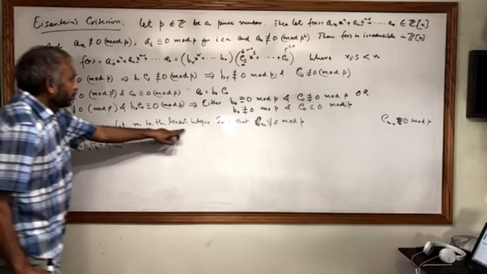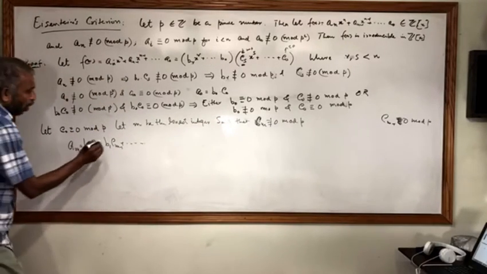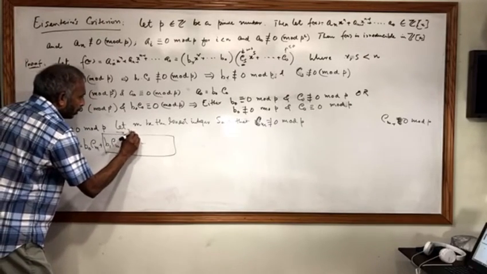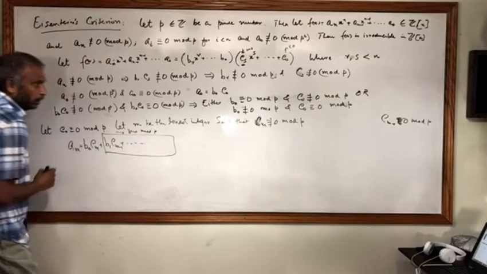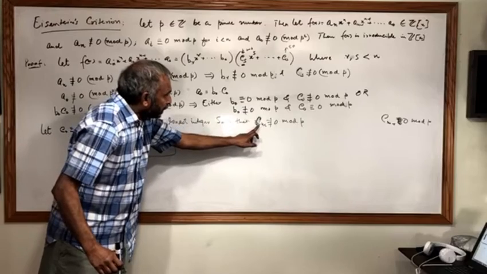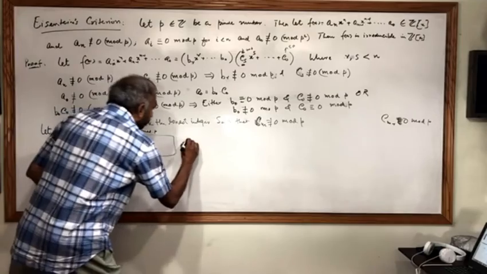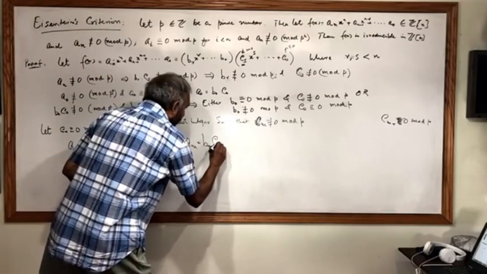This is the lowest integer. So what happens? All these are zeros mod p, because this is the lowest m such that cm is not different from 0. So am is equal to b0 cm, right?